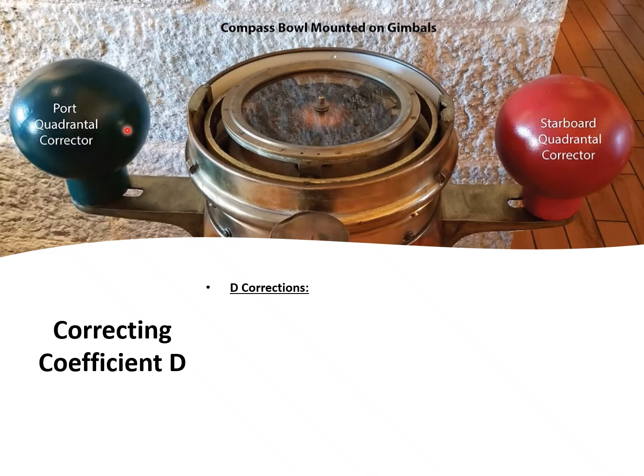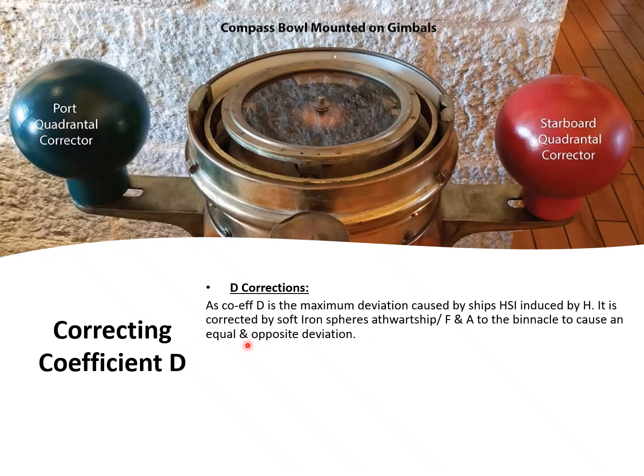Because we place Kelvin's balls on the port and starboard side to correct D plus, right? And 99% of the ships in the modern world have D plus, right? Let's see how it is corrected.